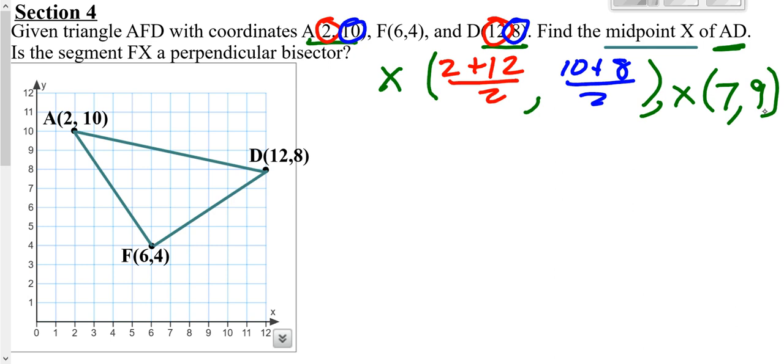So X is 7 over and 9 up, which is right here, which does end up being on that line, which is good, because it's supposed to be the midpoint, and you can see it does appear to be about halfway.